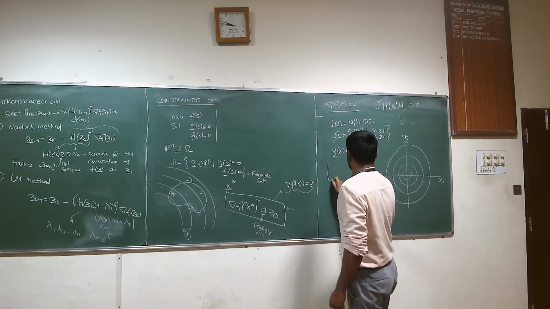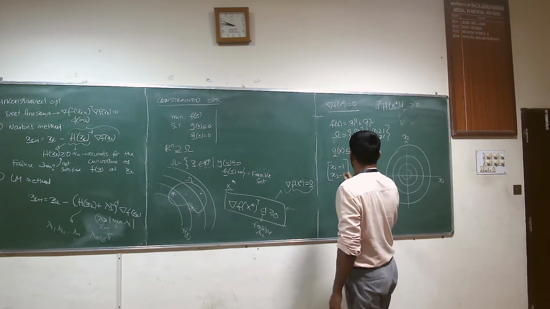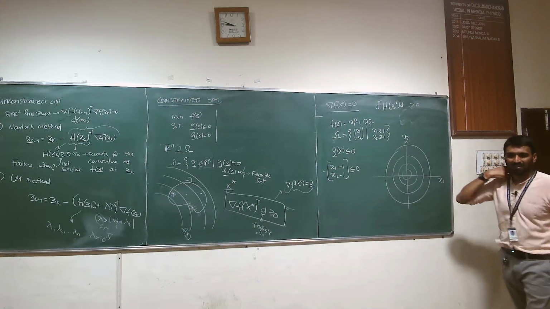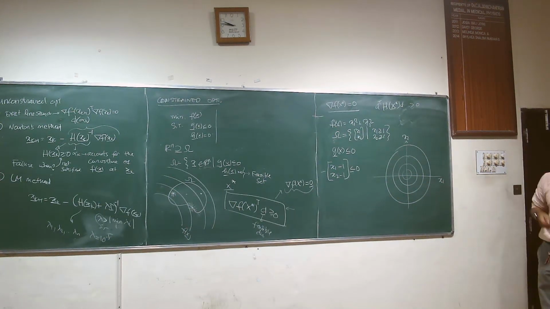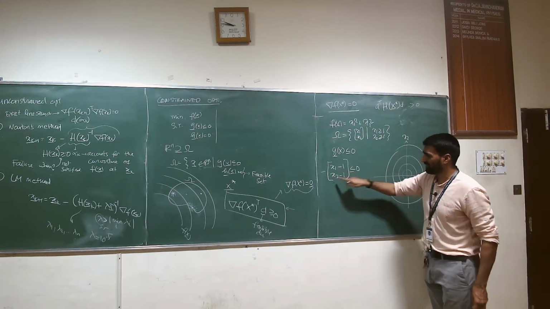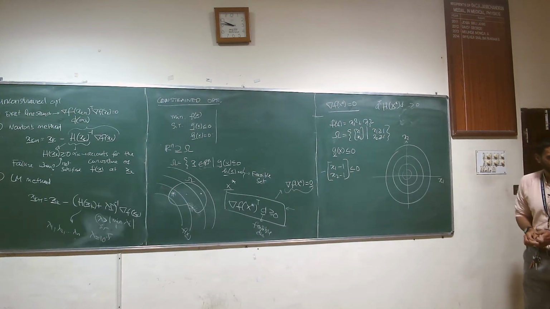That's equivalent to saying x1 minus 1, x2 minus 1, minus of this is less than or equal to 0. This is my g of x. This is g1 of x. This is g2 of x. What does it look like?